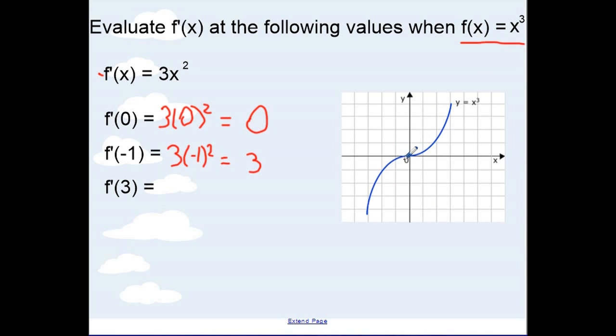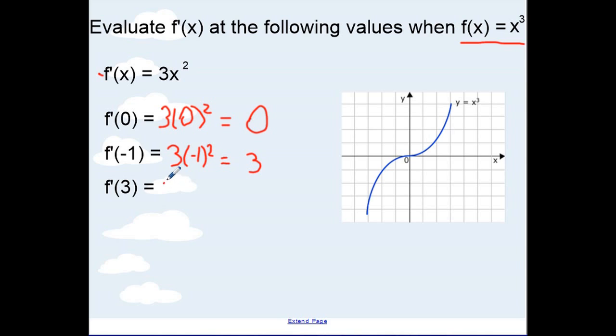Well, it looks like at x equals -1, our function is increasing. And we can actually say that if we were to have a line here, that the slope of that line is going to be +3. So this is really what our derivatives are telling us about our function, is how our function is going to be increasing or decreasing.